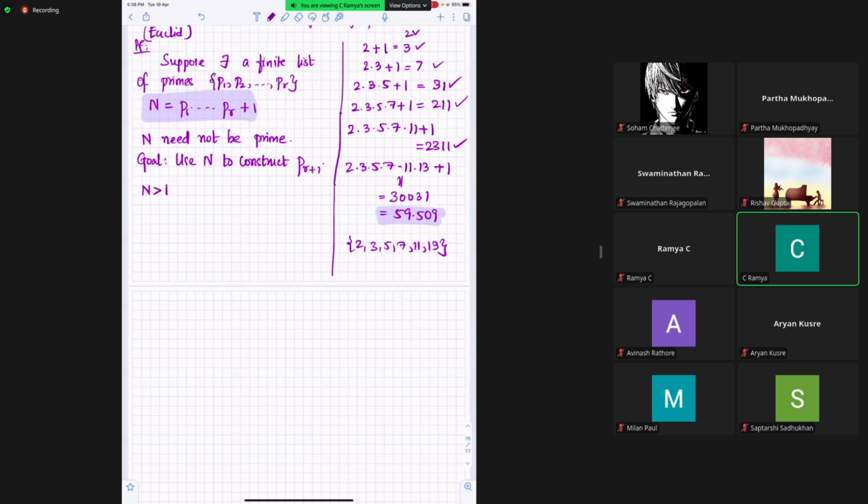Now, one thing we could say is that there is a prime factor for n. We just know this from the fundamental theorem, and let this prime factor be P. I just want to say that P is not one of them. Suppose P is one of the PIs. What would happen?